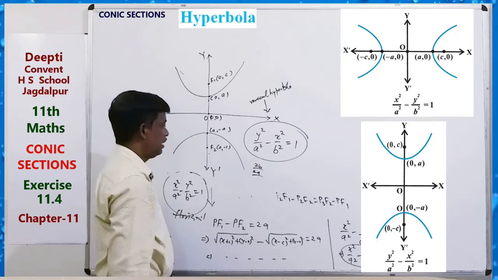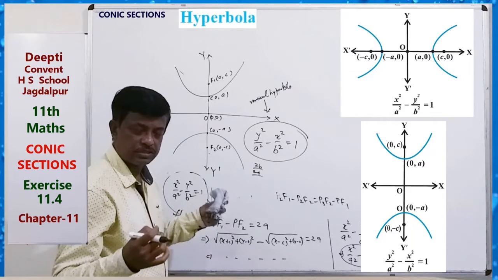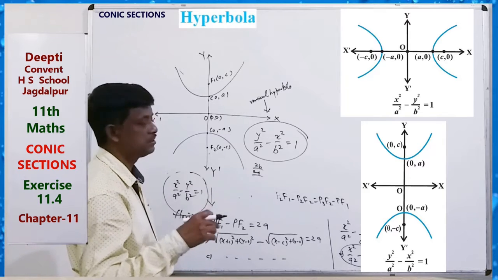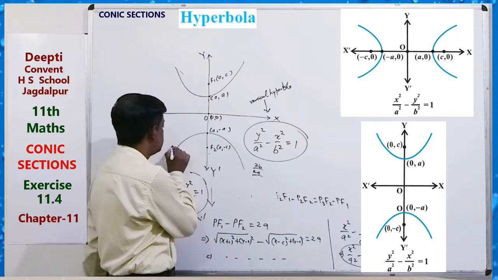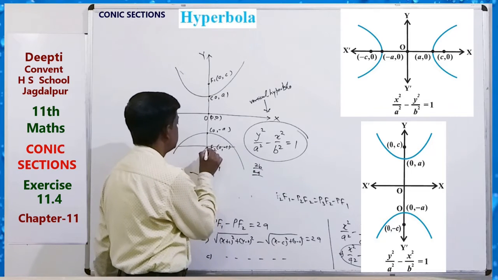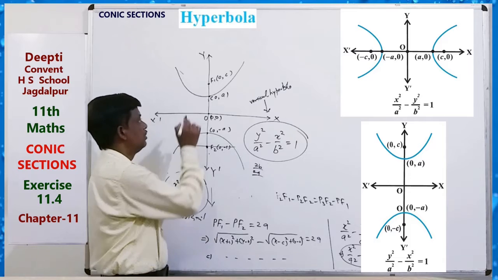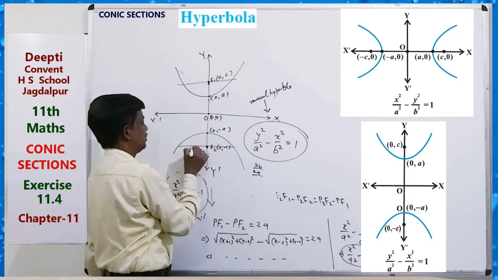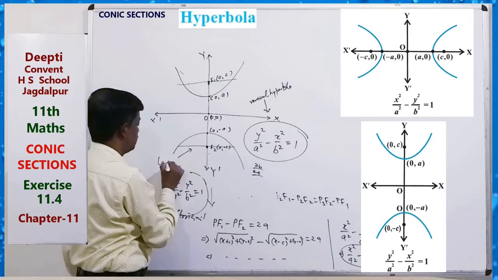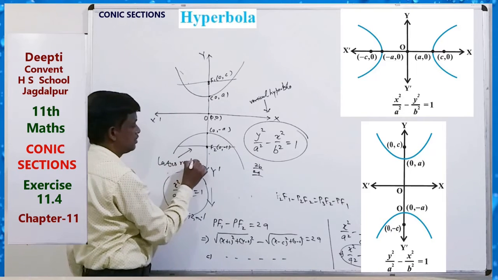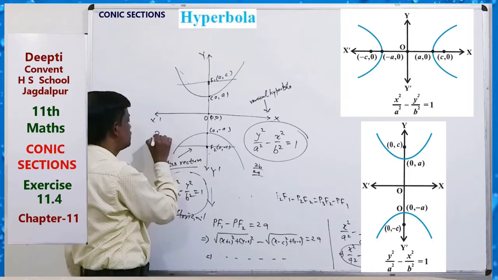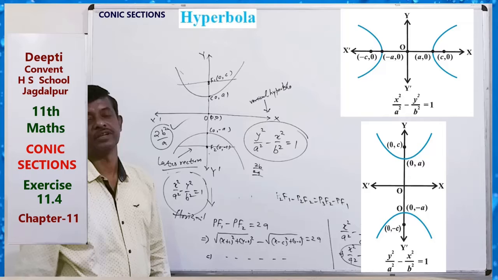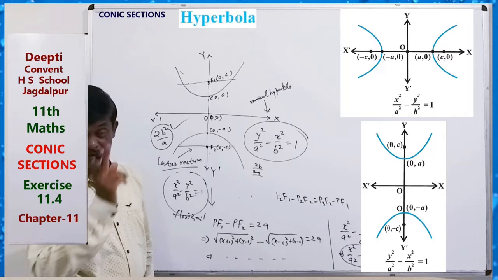Clear? And also similar to the ellipse, here also the double ordinate passing through the focus is called the latus rectum. Its length is also 2b square by a. Just remember this thing.